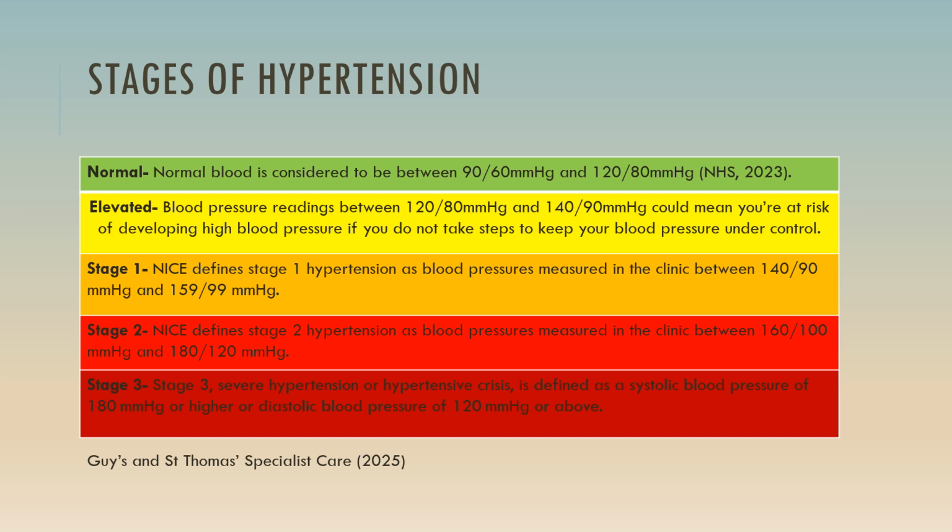Stage 1 hypertension is between 140/90 and 159/99. Stage 2 hypertension is between 160/100 and 180/120. Stage 3 hypertension, or hypertensive crisis, or severe hypertension, is 180 millimeters of mercury or higher, or 120 millimeters of mercury diastolic reading or above.